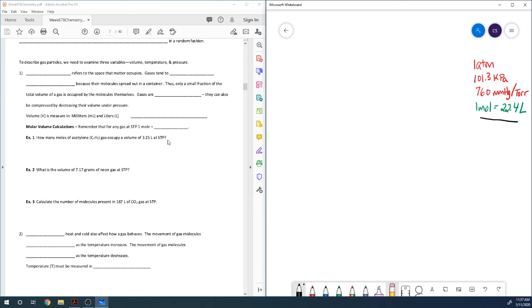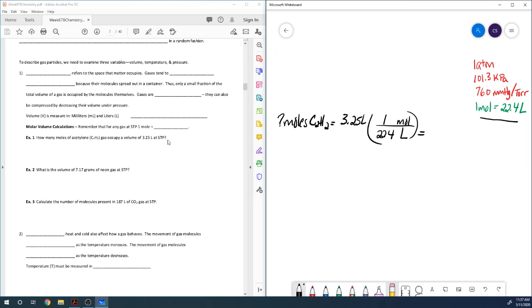So if I want to know how many moles C2H2 equals 3.25 liters, open our parentheses, what goes on top goes on bottom. We can go straight to moles because we have the conversion. And we know that 1 mole is 22.4 liters.